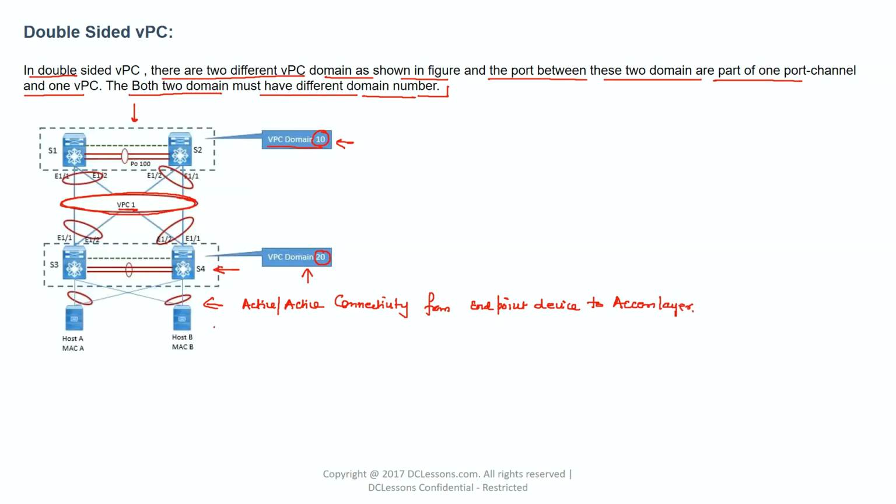And the VPC domain at the top here is used for active FHRP at the layer 2 or layer 3 boundary.